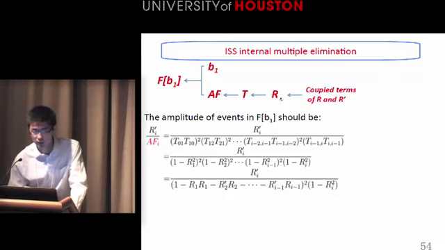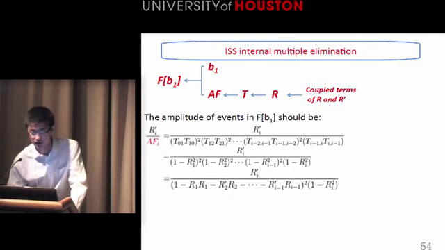Then we arrange those reflection coefficients into a coupled term of R and R prime. Here R prime is the amplitude of the primaries in the data. As we know, the amplitude of the primaries in the data is not directly the reflection coefficient. We call the amplitude of the primaries in the data R prime, and the real reflection coefficient R.